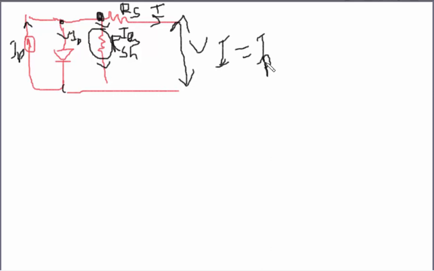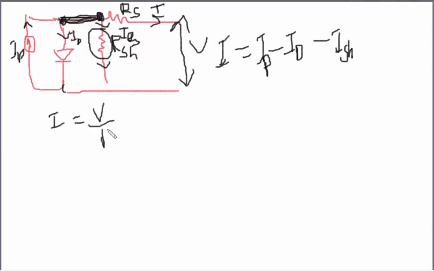Now the current flowing in the diode is negative ID. Then again it is coming from this node, because these nodes are the same. It is like a big node. So again the current through the shunt resistance is IRSH.